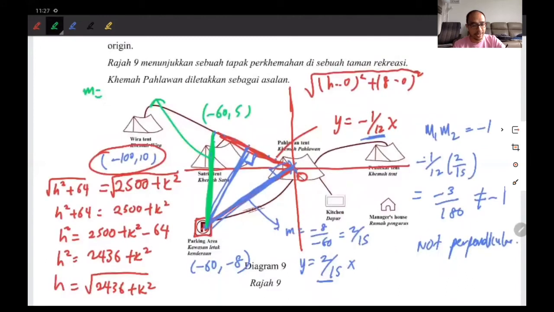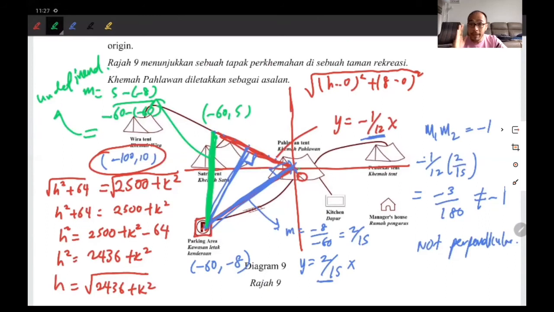You know why? Because 5 minus negative 8, and then negative 60 minus negative 60. So this gradient is actually undefined. You will get a math error. So this one also cannot work. For the blue color, it's not perpendicular; this one is undefined.